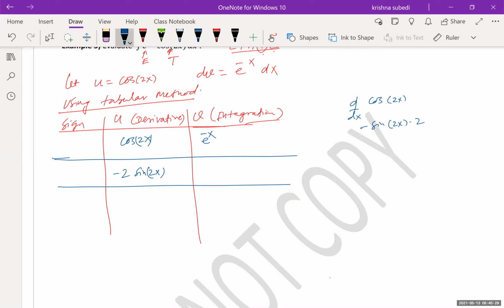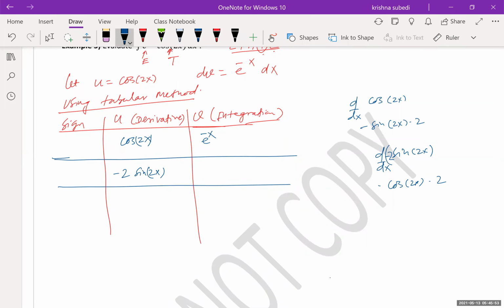So for example, if you find the derivative again, derivative of sine 2x, you're going to get cosine 2x times 2. So this derivative will be this negative 2 sine 2x.